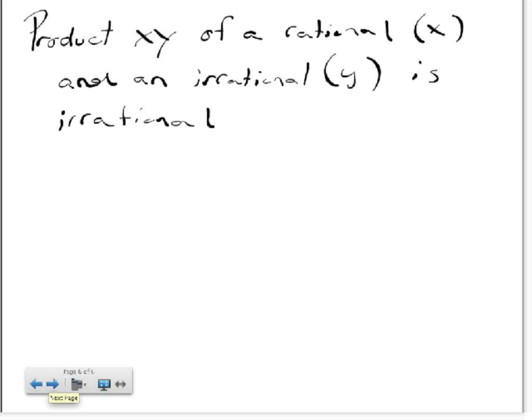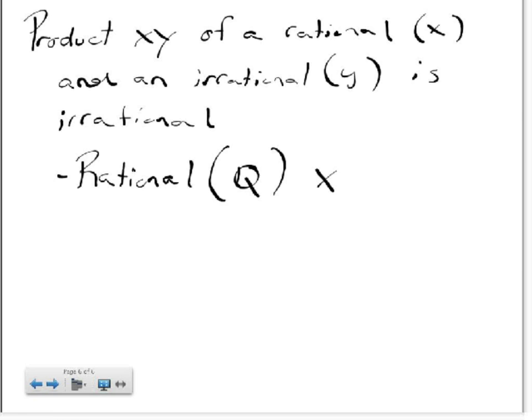So before we move into the proof, I'd like to define what it means to be rational and irrational, just so everyone's on the same page. Rational, often written Q, is any number that can be written as the quotient of two integers.